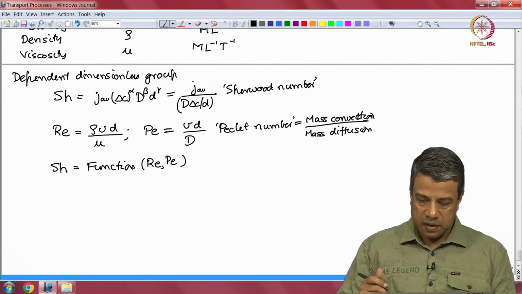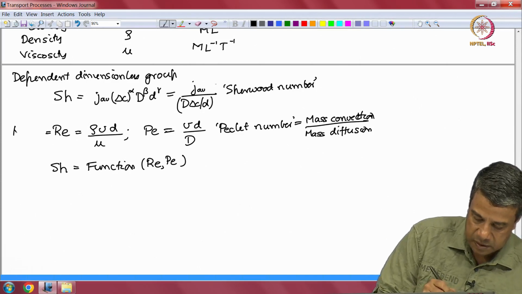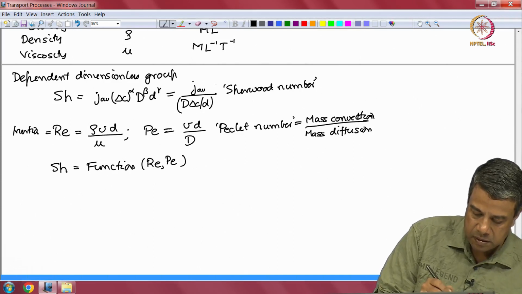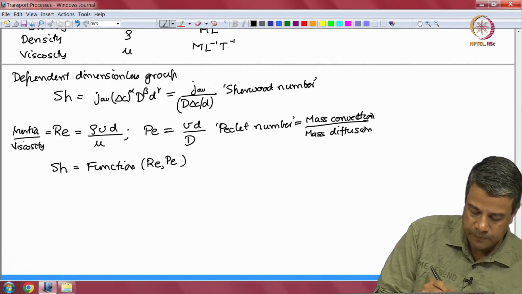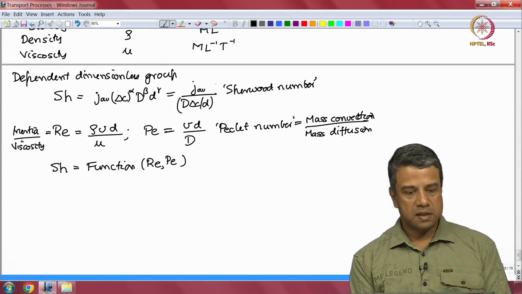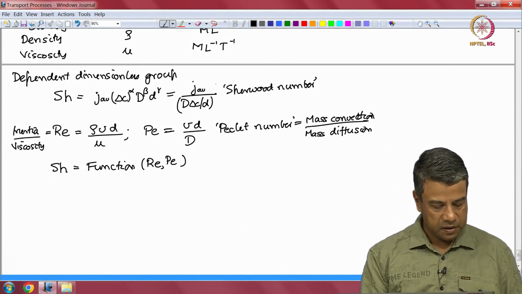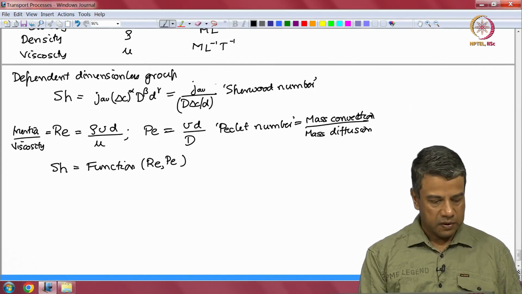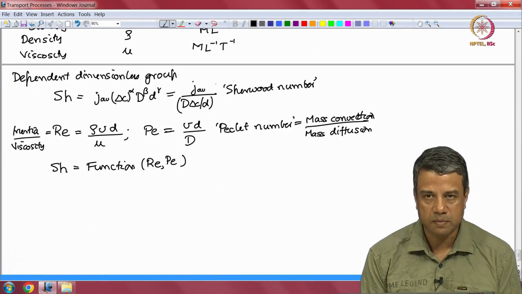The Reynolds number is the ratio of inertia by viscosity. I will also show you later that this can be interpreted as momentum diffusion by momentum convection. Okay. So, this is the form of the correlation between the Sherwood number, the Reynolds number and the Peclet number.